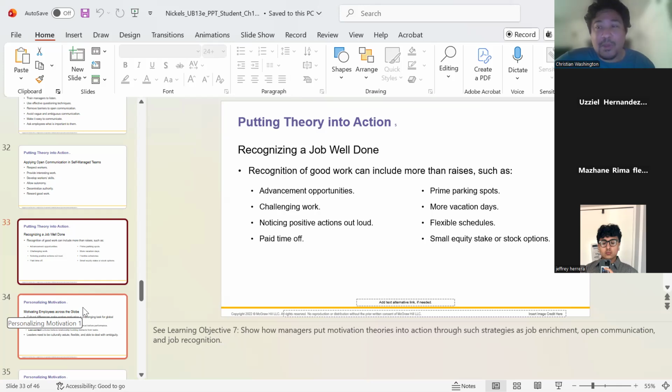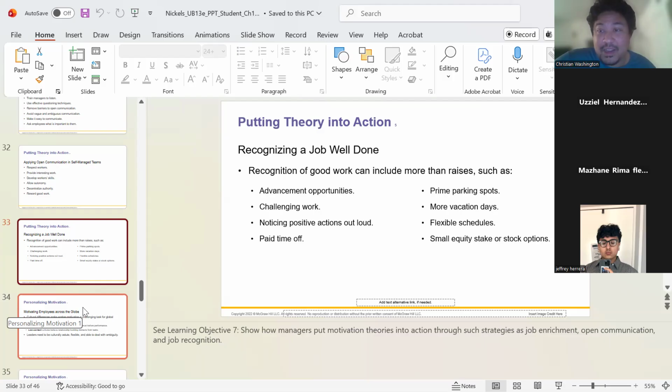If you're hiring people whose personality types are not competitive, don't create competition. It's that simple, right? If you're in a sales position where people have to compete and sell and they get paid commission, then competition works in that environment, right?